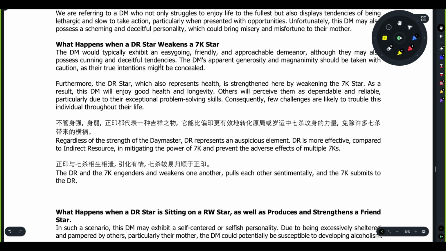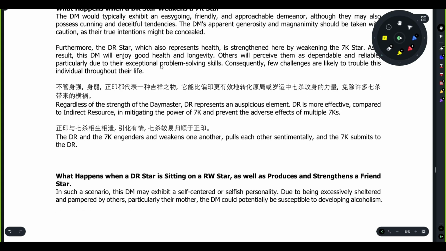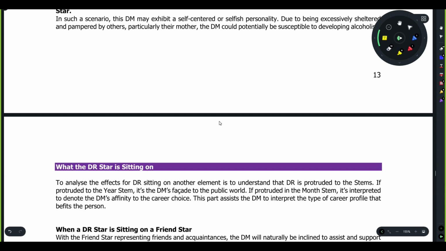So the combination pulls each other sentimentally. So therefore, direct resource and 7K engenders and weakens one another. Therefore, the 7K submits to the direct resource. So indicating that the 7K becomes a refined 7K and becomes very good, as it is.